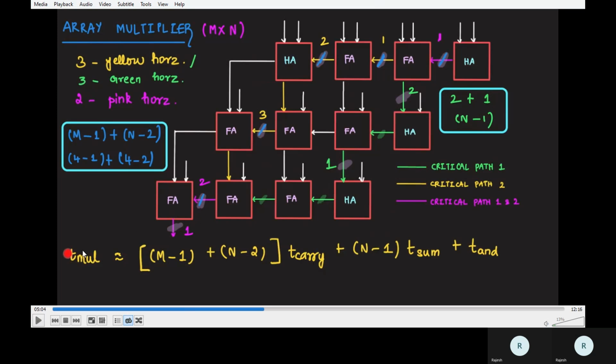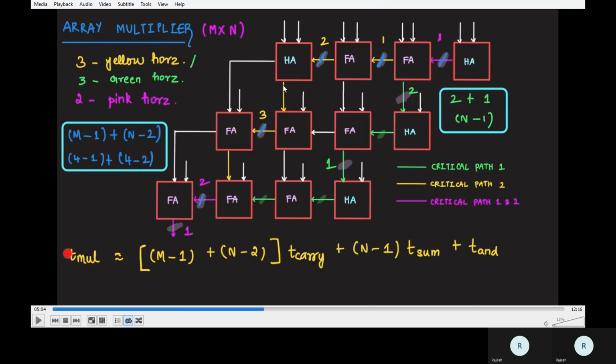So if you see the delay of this multiplier, it is written as 3 yellow horizontal lines plus 2 pink color lines. So it is m minus 1 plus n minus 2 into carry. Where carry is generated is the output of a full adder, 1 carry, this pink color, where 2 is written, and another full adder output, this pink color.